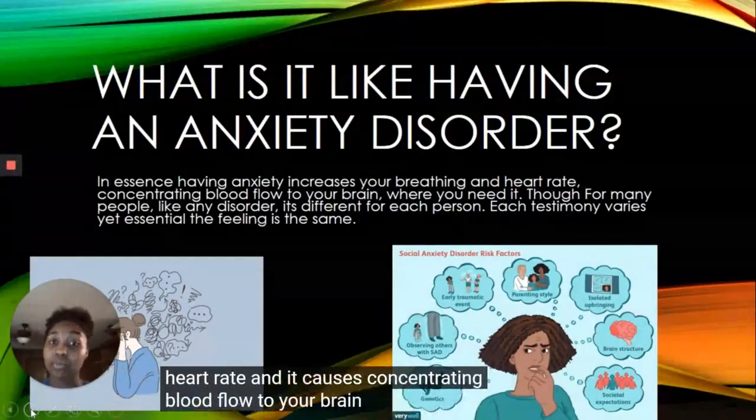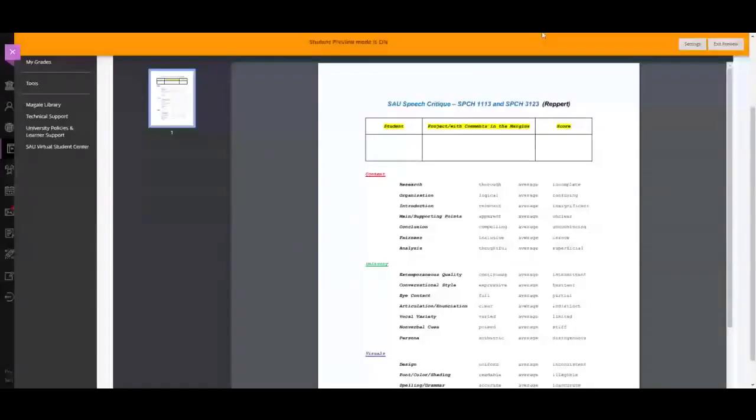So with that in mind, let's go back to Blackboard and examine the delivery aspect of the checklist, the SAU speech critique. Now think about, from the standpoint of effective delivery, moving from content, is your extemporaneous quality continuous?